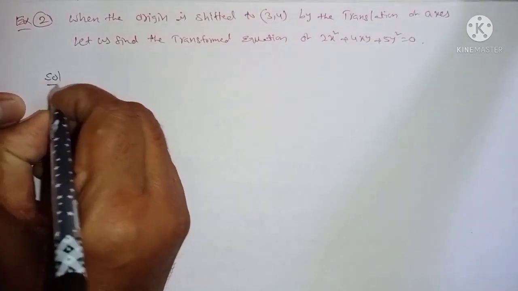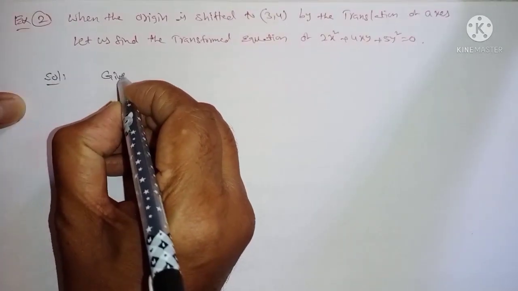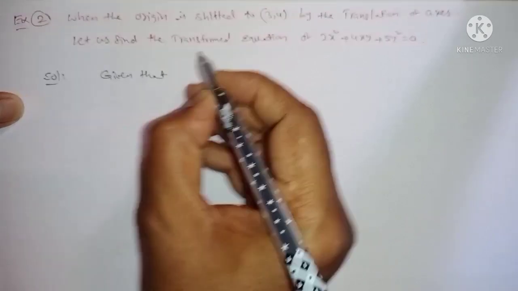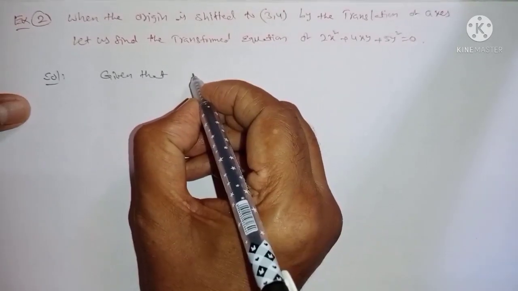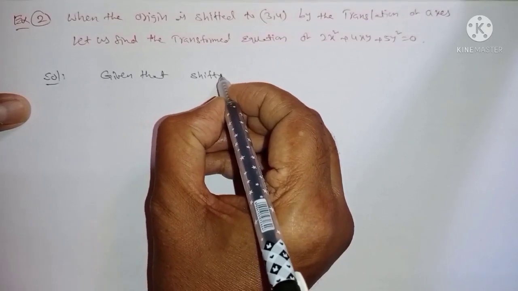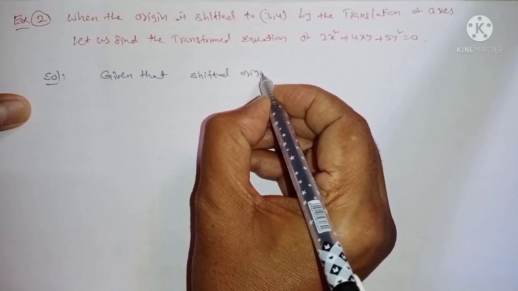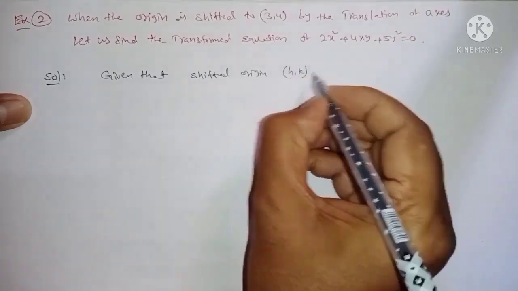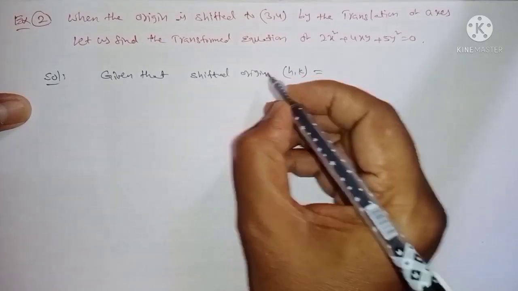Solution, observe here. Given that the origin is shifted, (h, k) is the new origin.